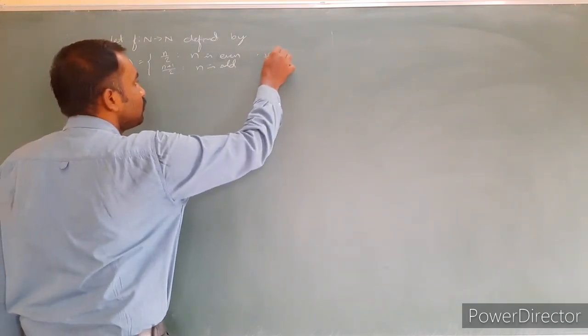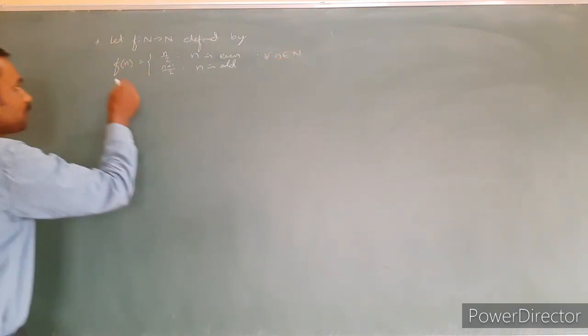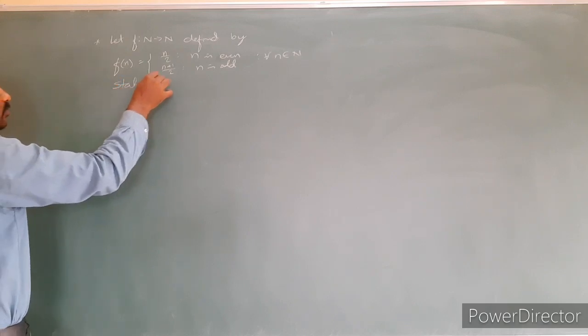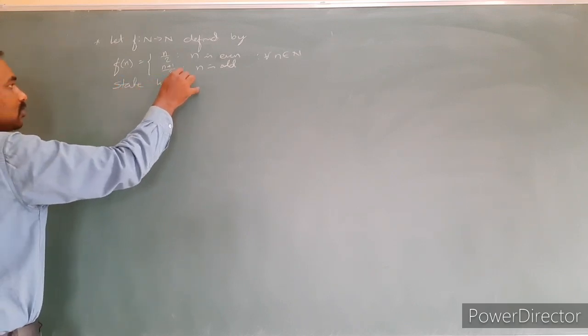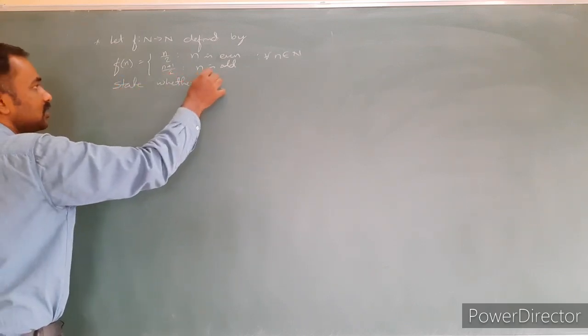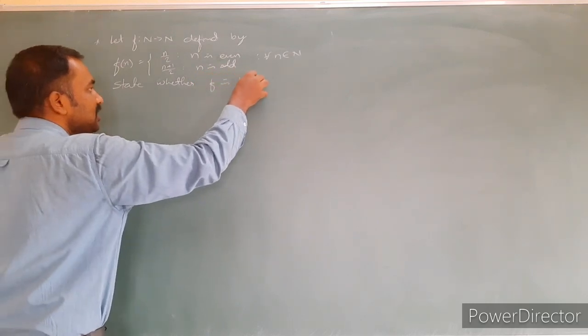The function is defined. F of n is equal to what? n by 2 if n is even, n plus 1 by 2 if n is odd, for all n belonging to N. State whether the function f is bijective or not.